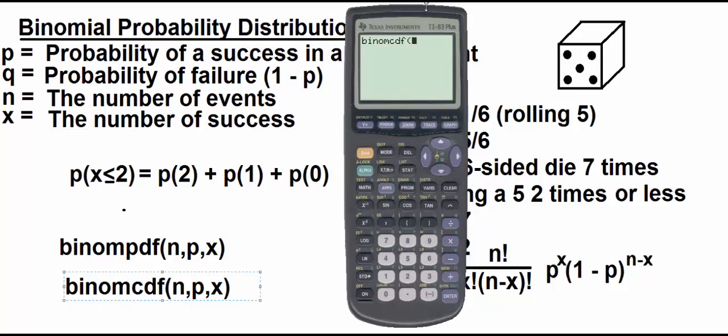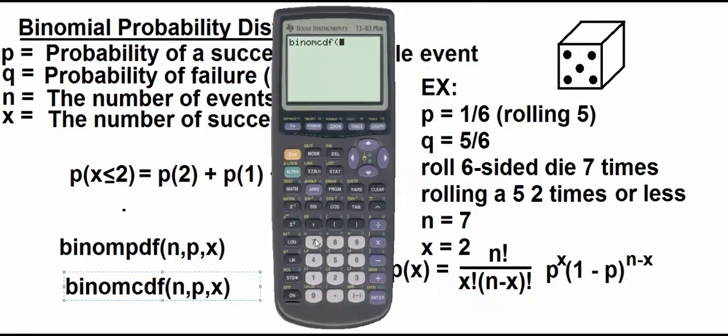So this would be our example over here. 7, 1/6, 2. So the likelihood of rolling exactly 2 or exactly 1 or exactly 0, the probability of rolling 2 or less would be about 90%. Most of the time you roll the dice 7 times, you're going to get 5 2 or less times.